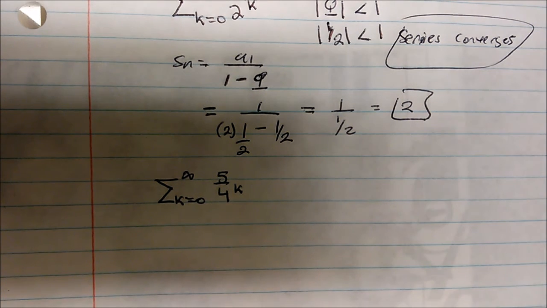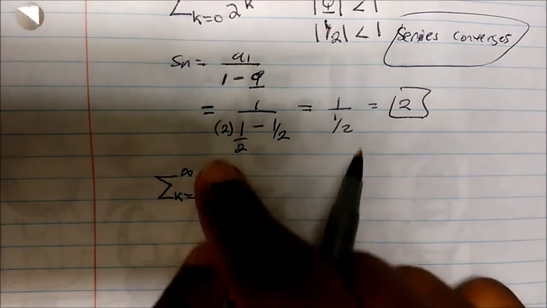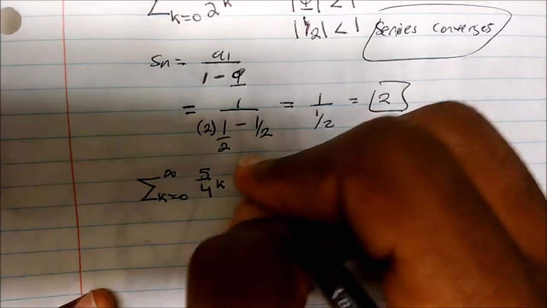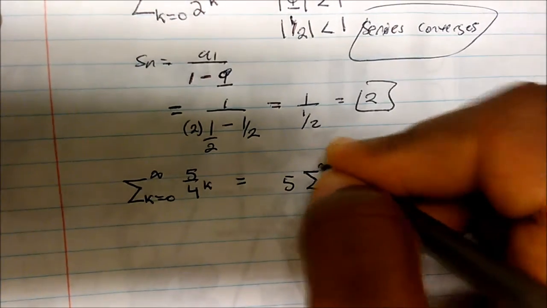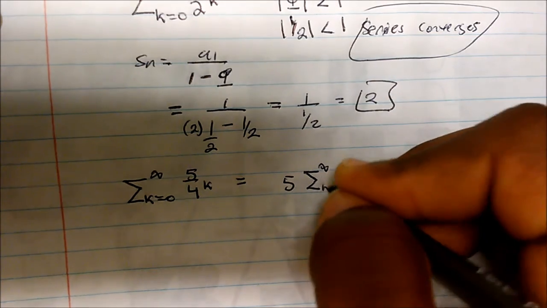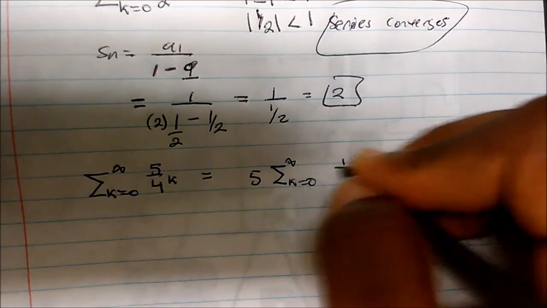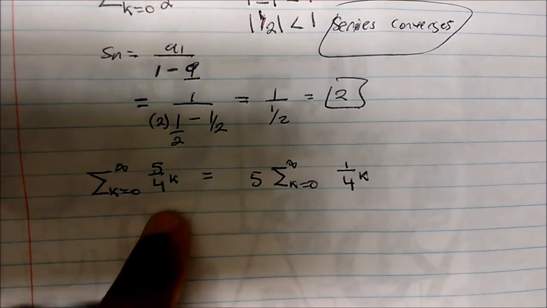What is my q? My numerator is a constant, so I could rewrite this by pulling the 5 out: 5 times the series from k equals 0 to infinity of 1 over 4 raised to the k power. We have to be very careful.